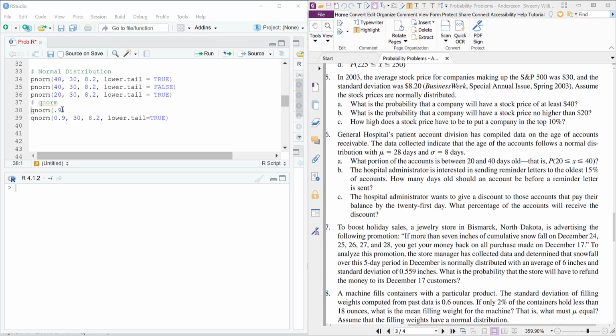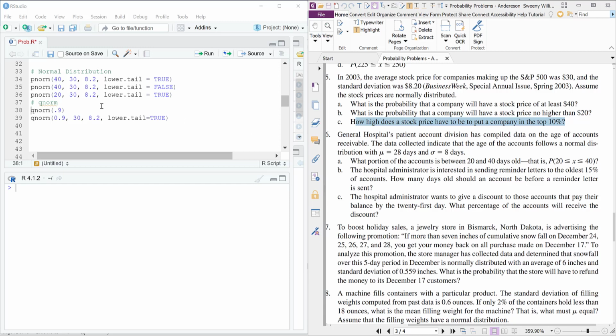So for instance, let's say we are solving this question: how high does a stock price have to be to put a company in the top 10%? As we discussed earlier, this top 10% represents the extreme right side of the bell curve, which means on the left-hand side, it's 90% or 0.9.